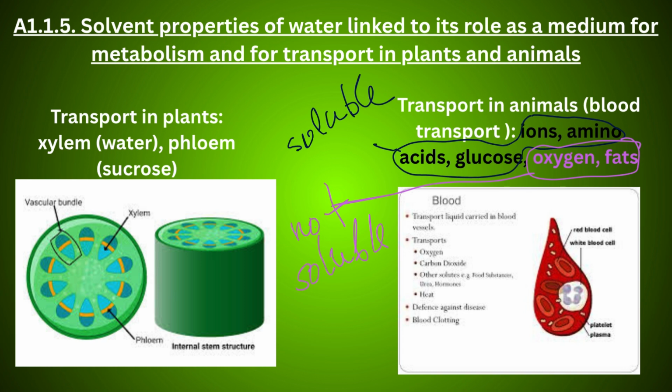That means it's going to be a very good solvent for things like ions, glucose, amino acids, things that are hydrophilic. And things like oxygen, fats or cholesterol have to be carried by things like cells or proteins because they are not very soluble in water.